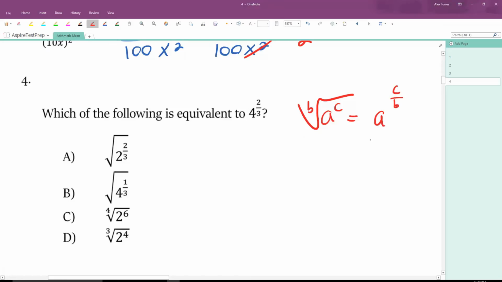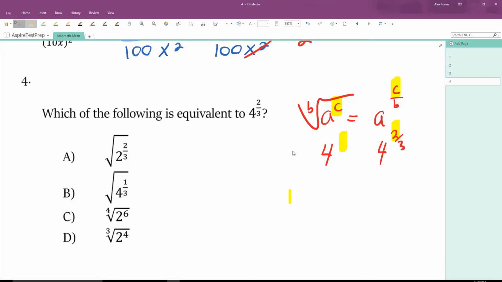So in our case, we have 4 to the 2/3, and that translates over to a base of 4. And what we want to notice is that the number that's on the top, the number that's in the exponent spot, stays on the top. So the number that's right here should be the number that's in the exponent spot.